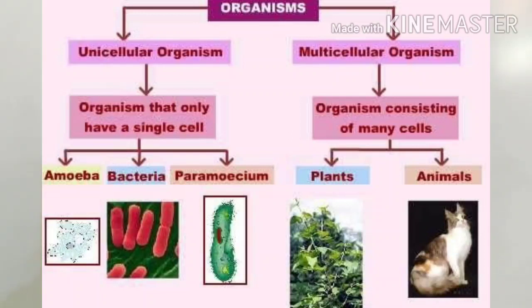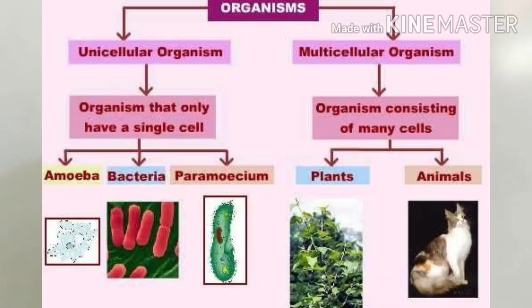Now another question is multicellular organisms. We know that multi means many or more than one. We can define multicellular organisms as the organisms which have more than one cell or many cells. And what are the examples of the multicellular organisms?